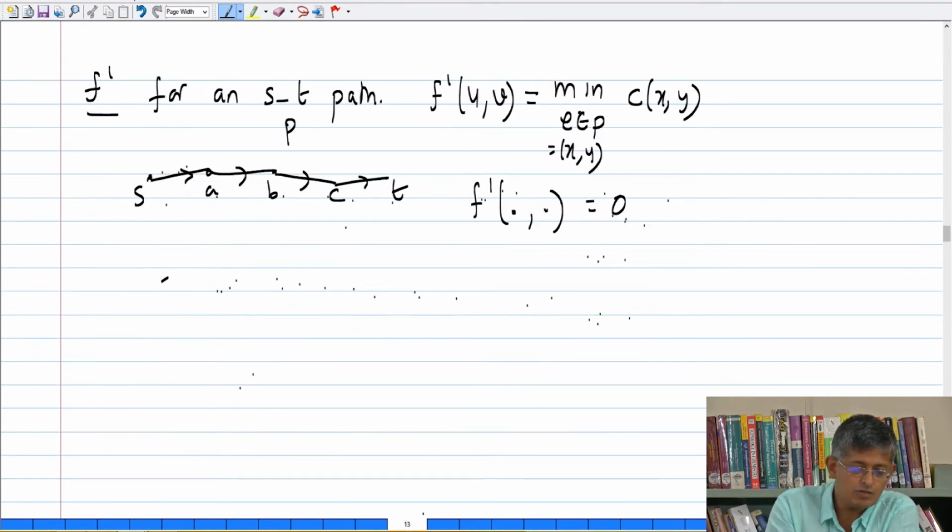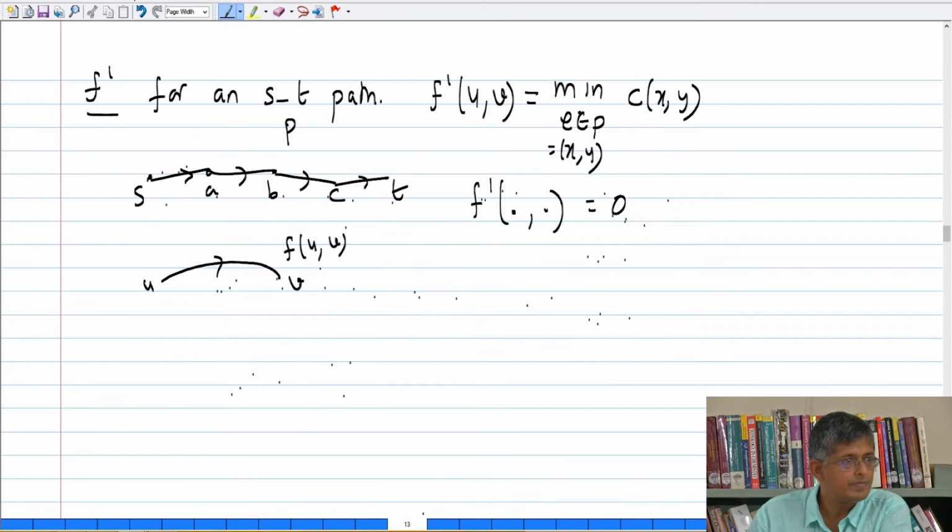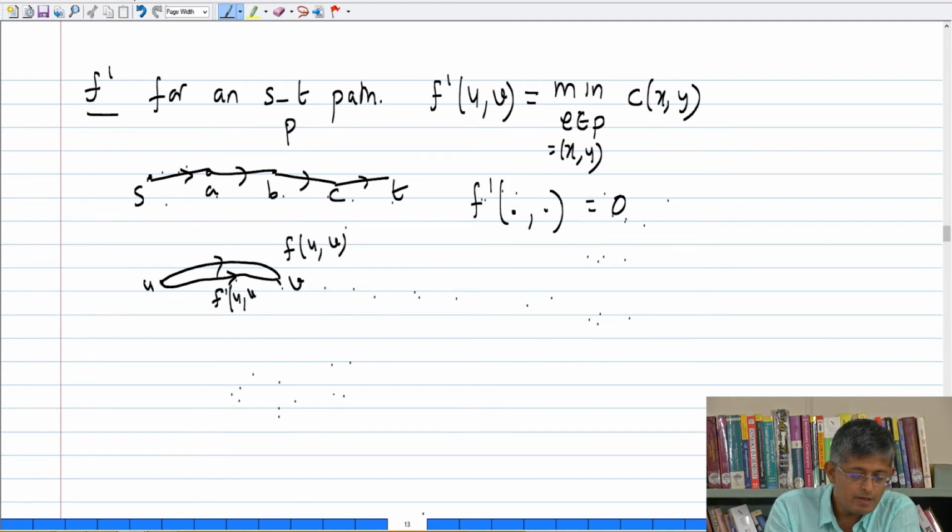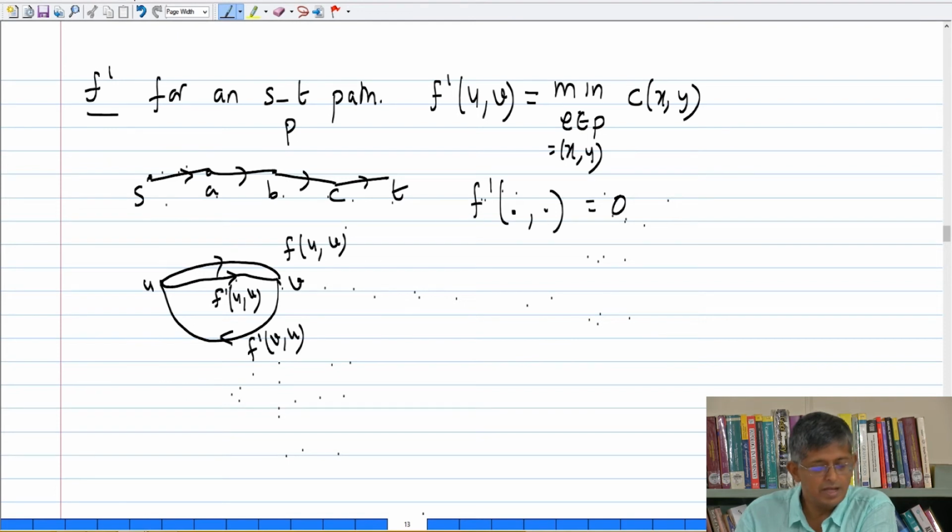Let us assume that the edge u comma v had a flow f of u comma v earlier. f prime gives it a flow f prime of u comma v, but for some reason f prime also gives it a flow f prime of v comma u. It could also be 0, some of these terms could also be 0, so you don't have to really worry about it.